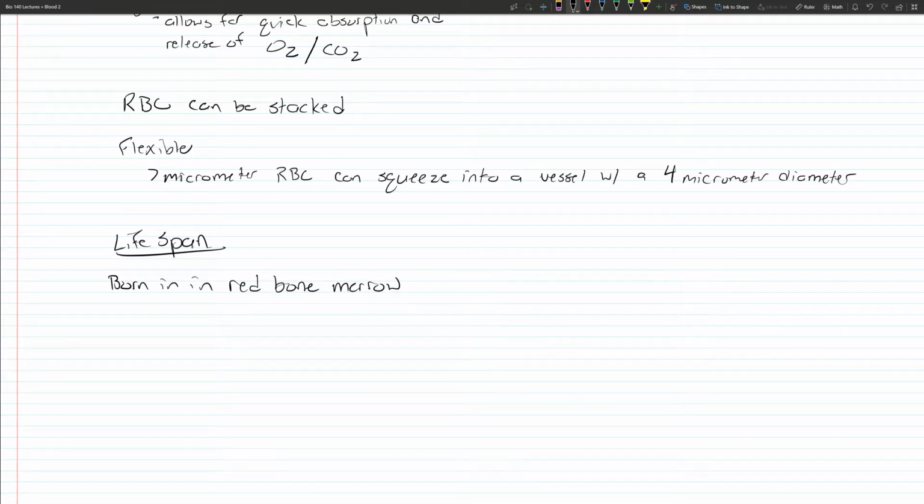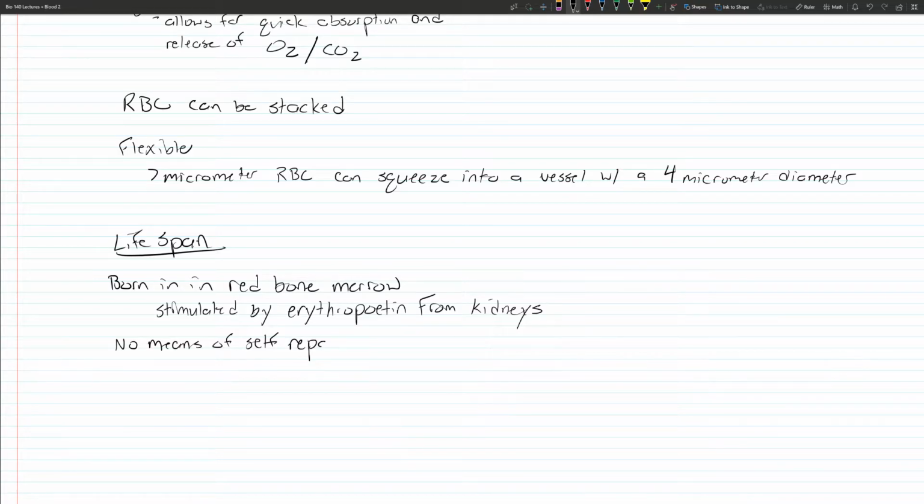And we already know what stimulates them: erythropoietin from the kidneys. The ironic and sad thing about them is they have no means of self-repair, so they have a very short lifespan.